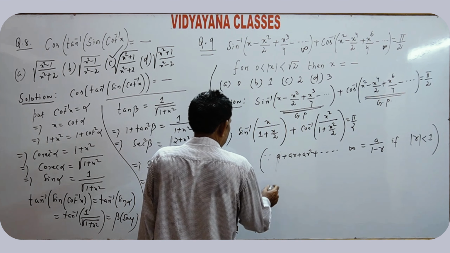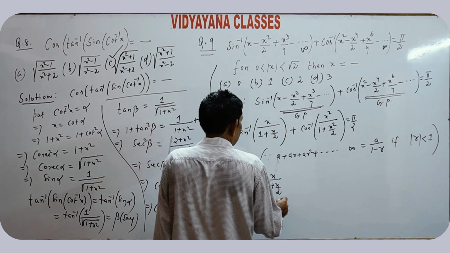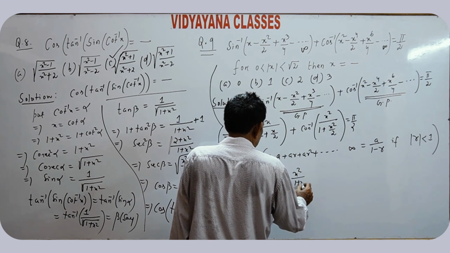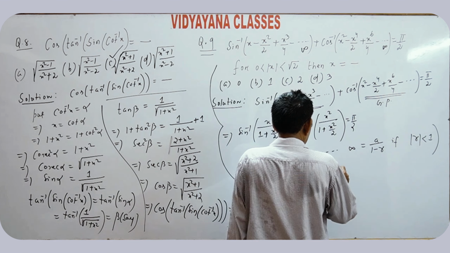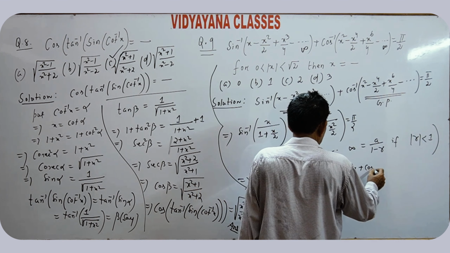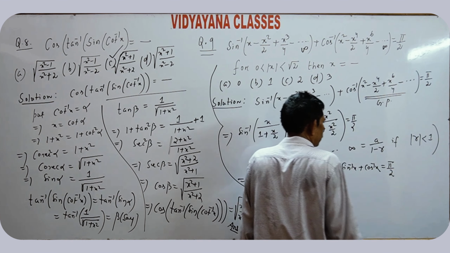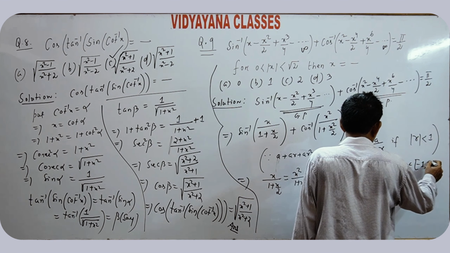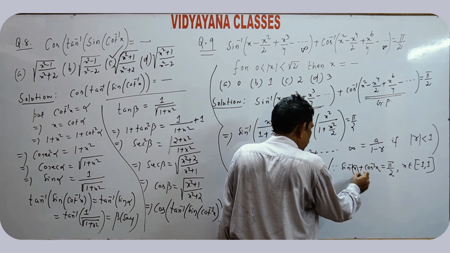Which implies x divided by 1 plus x by 2 is equal to x square divided by 1 plus x square by 2. Since sin inverse x plus cos inverse x is equal to pi by 2 if x belongs to the closed interval minus 1 to plus 1, it is the same as this.